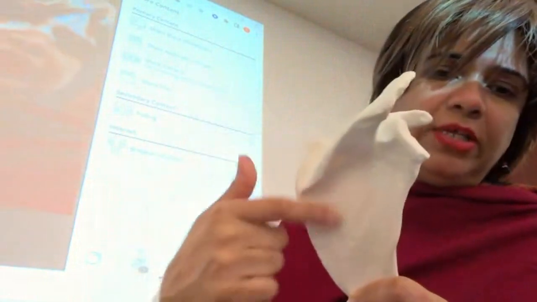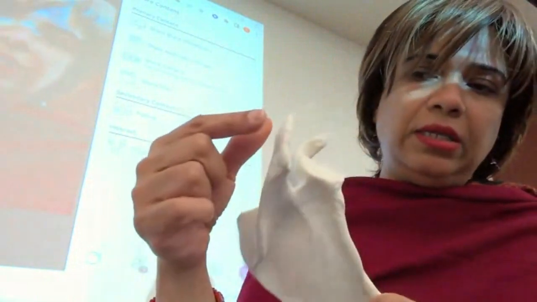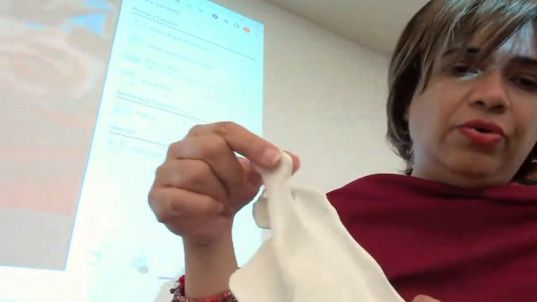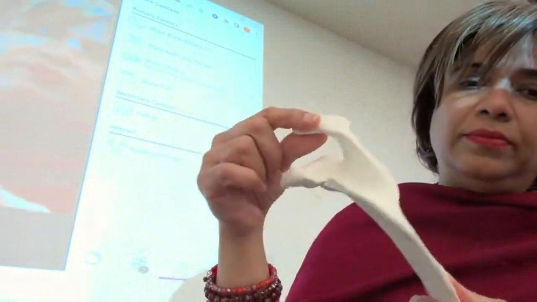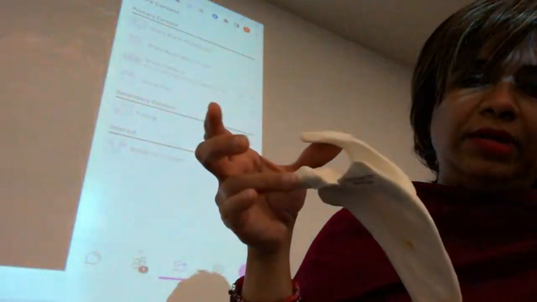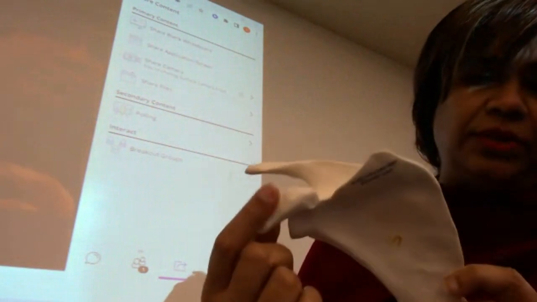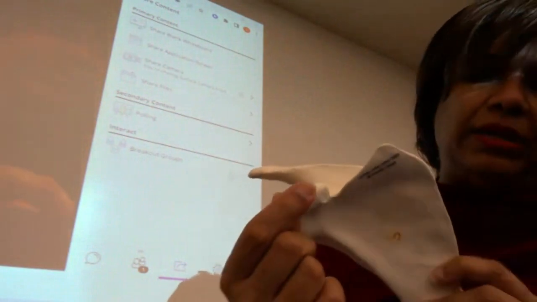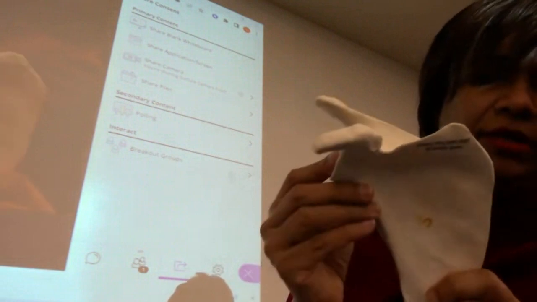This is infraspinous fossa. This is spine of scapula. And this right here is your acromion process. The smaller one is your coracoid process, this one. It is not attached to the spine. This is glenoid cavity or glenoid fossa.